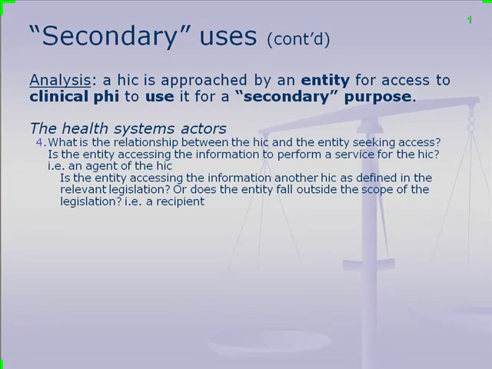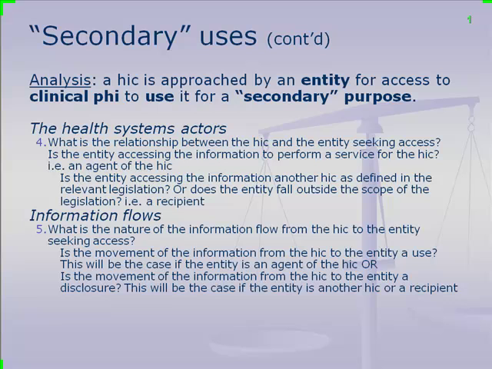Who are the actors in this scenario? Okay, the relationship between the HIC and the entity seeking access. Is the entity accessing it to perform a service for the HIC? So that means they're an agent. Is the entity another HIC in the legislation? Or does the entity fall outside the scope of the legislation?